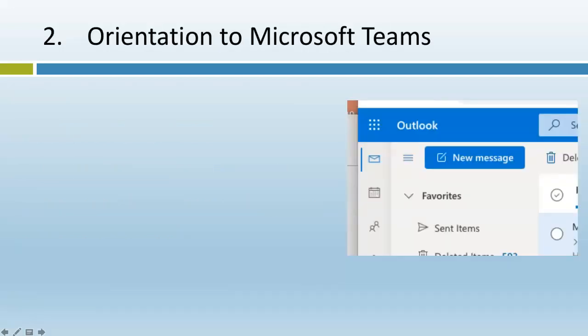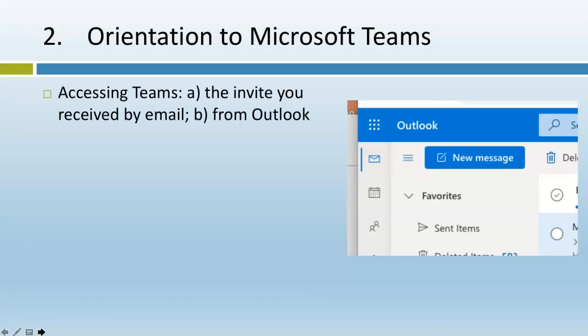So the next thing we're going to do here is to provide you with a brief orientation to Microsoft Teams. First thing, there are 2 ways that you can access Microsoft Teams. The first way is that you simply use the link in the invite that you received by email. And the second way that you can always access Teams is from your Outlook program.